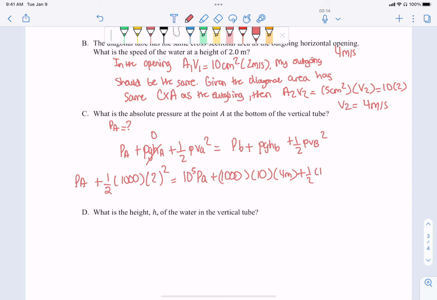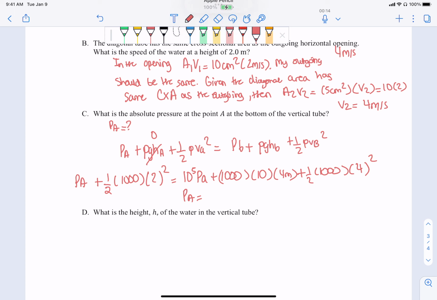So we have 1,000 kilograms per meter cubed, and then times our velocity, which is, there's like an instinct to write the units, I'm sorry. And there's 4 squared, right? 4 meters per second squared. And so from there, we can solve for our pressure at A, right?